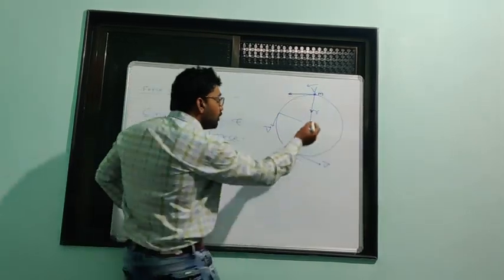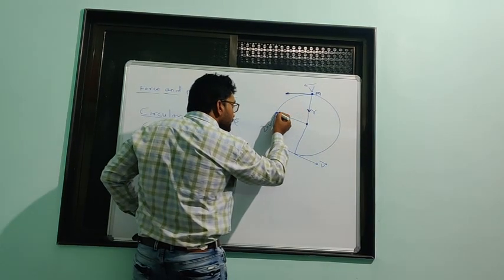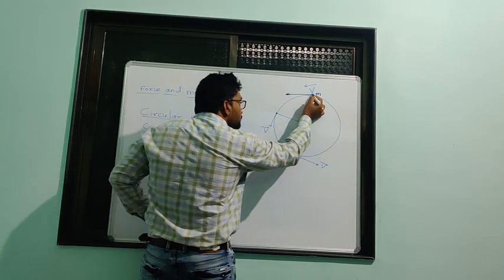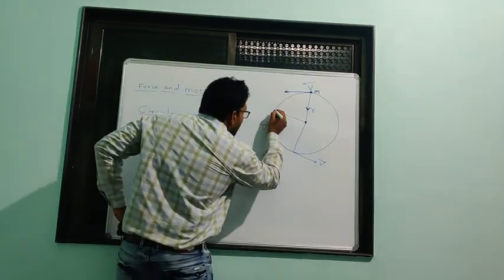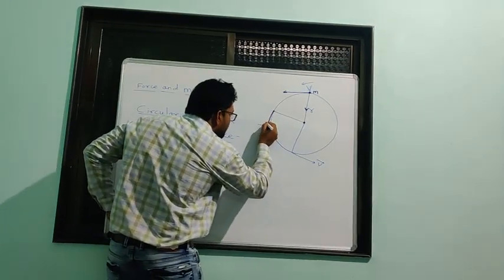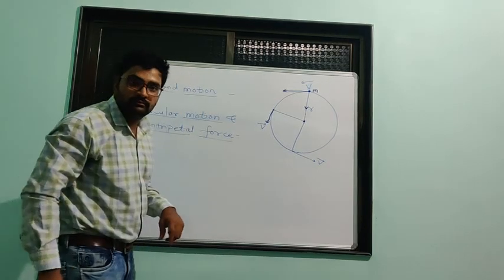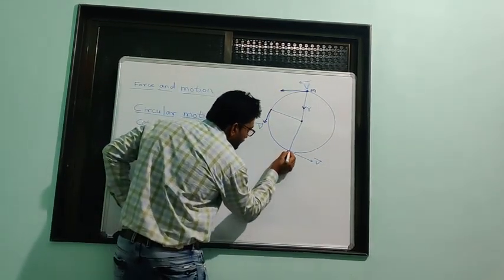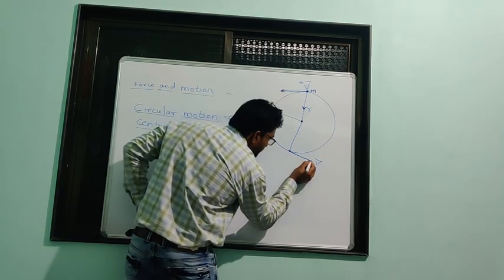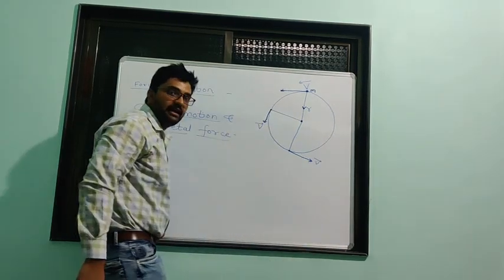Now this object moves and comes here. Velocity is in this direction. Again, this object moves and comes here, then our velocity will be in this direction.